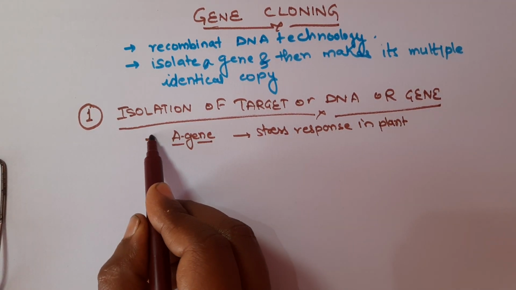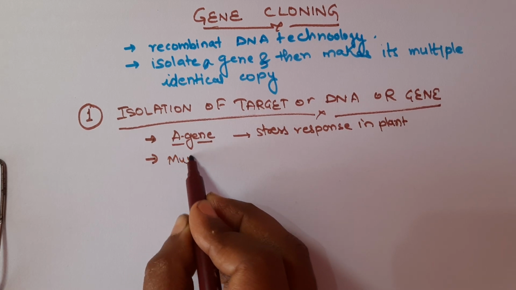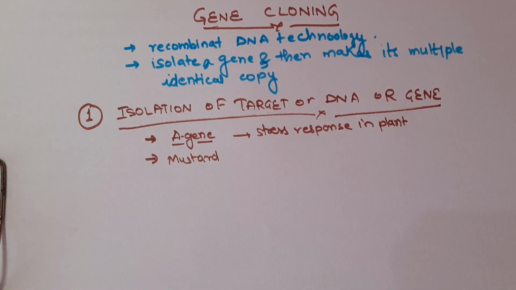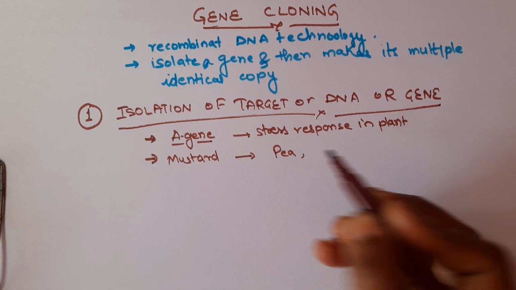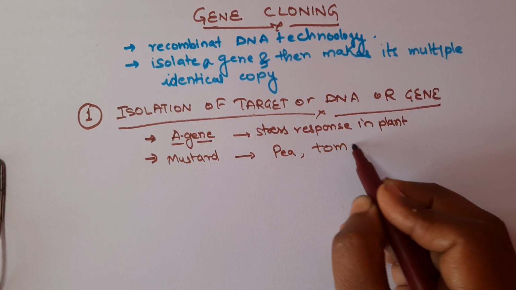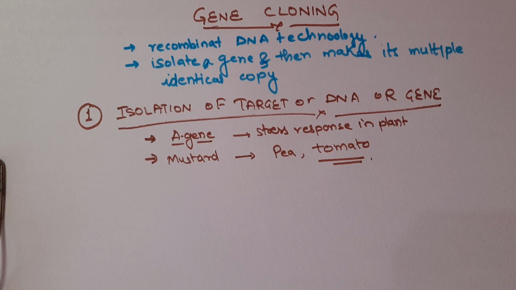Now just assume that this A gene is present in mustard plant, but I have a pea plant, or maybe, let's say I have a tomato plant. They are very weak to stress. They do not perform well under stress conditions.